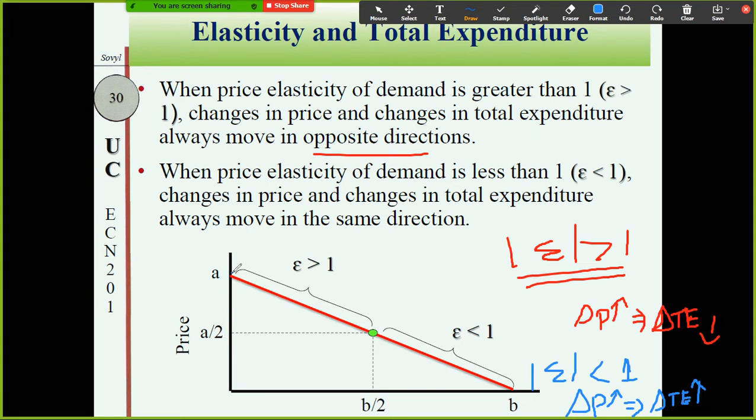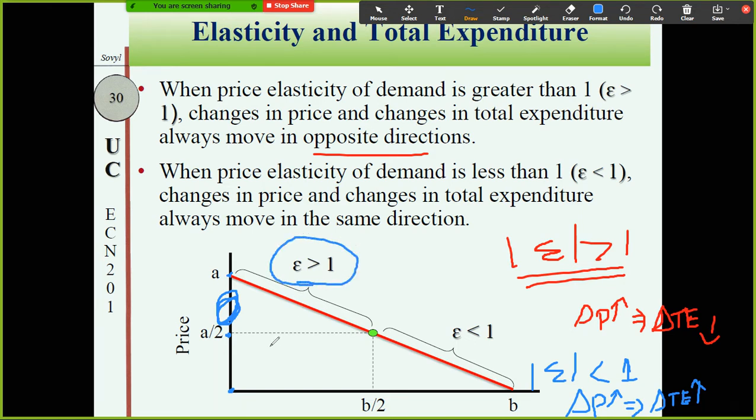This is higher price, this is zero price, this is middle price. Any price change higher than the middle price makes the price elasticity become more elastic.